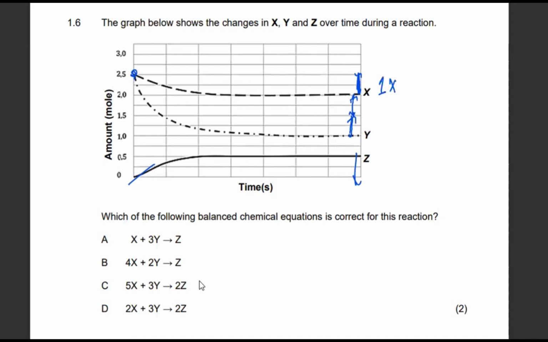Because Y also started from here, so it's going to be 1 mole, 2 moles, 3 moles. You see? So each 2 represents 1. So Y is supposed to be 3.